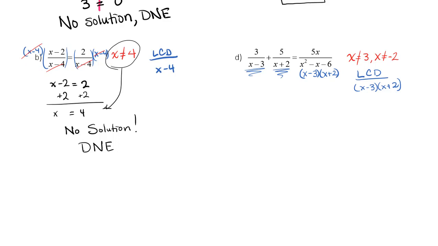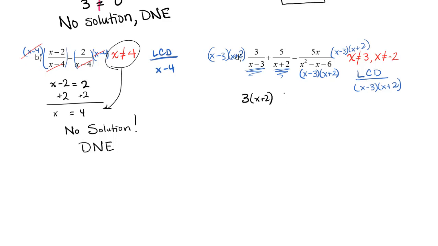Multiplying both sides of the equation by the LCD, (x - 3)(x + 2) on both sides. I will clear one of the factors in each and have the other one left. So my first fraction will become 3 times (x + 2).